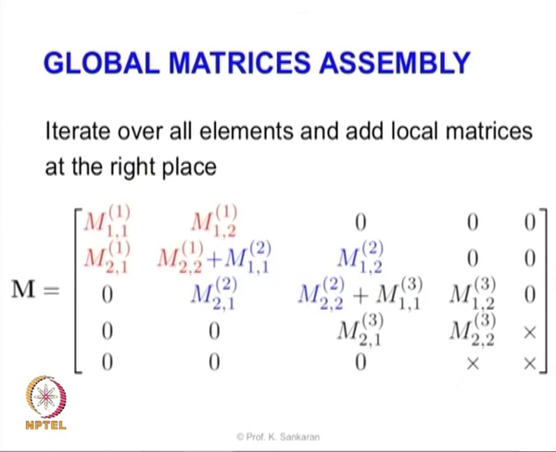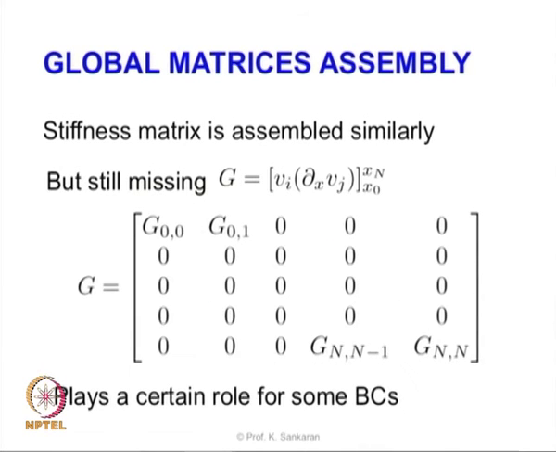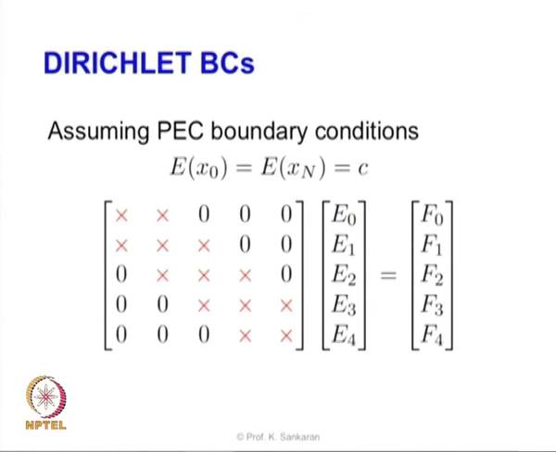It is going to be slightly different, whereas in a sense it is going to be easy and straightforward. Let us say we are assigning a certain PEC condition, and the condition is we have the value of E of x naught and E of x n equal to a certain constant.